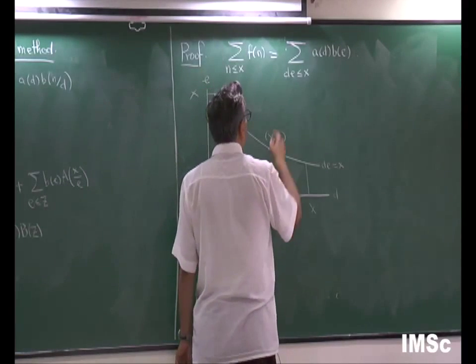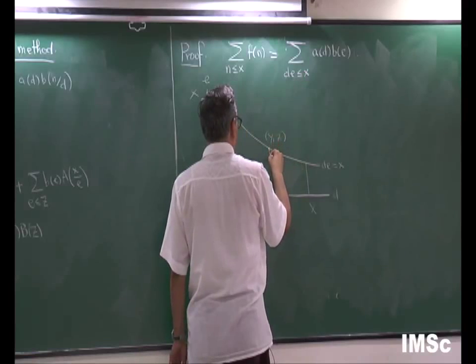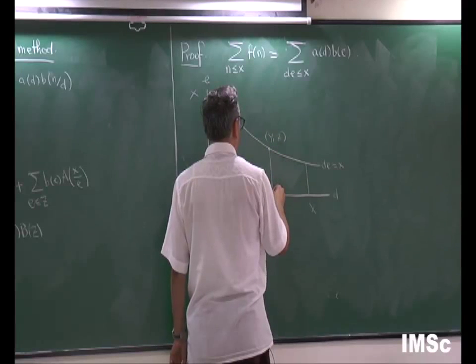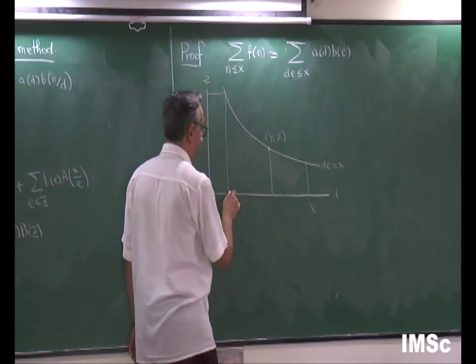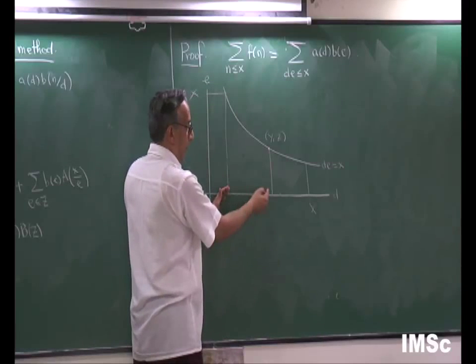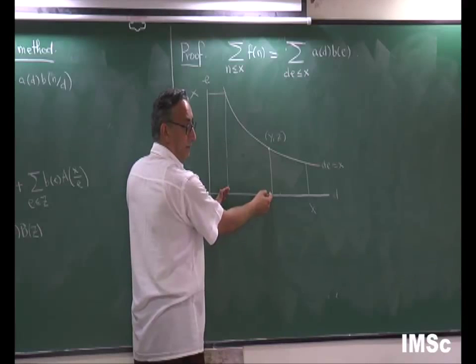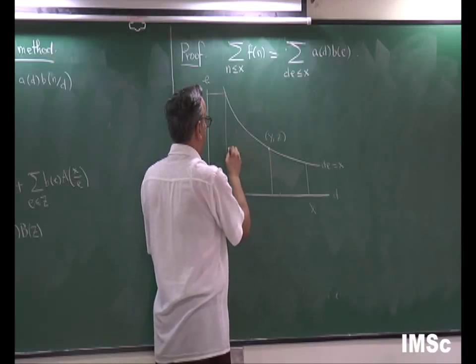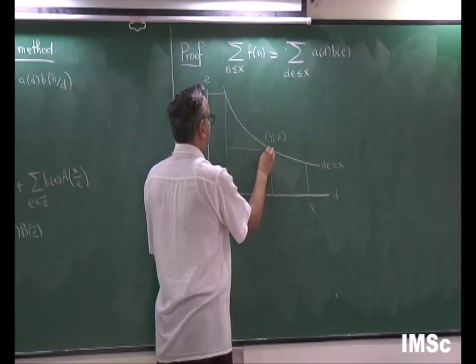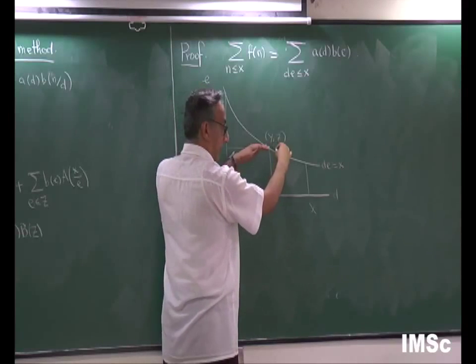And so in this calculation, all the lattice points with d less than y appear here, right, in this region. And all the lattice points with e less than z appear underneath here.